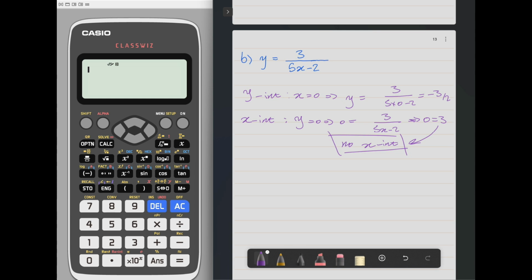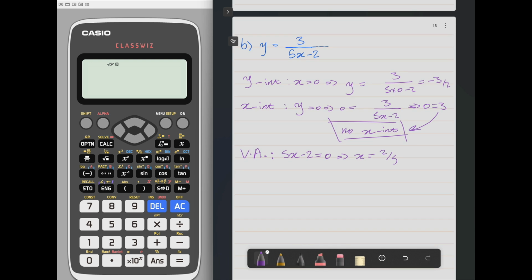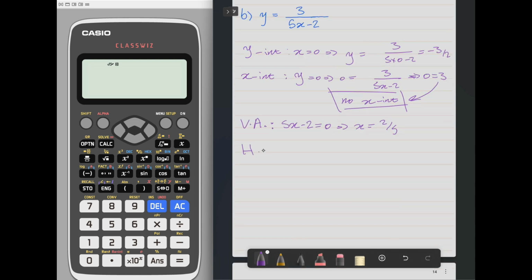And as for my vertical asymptote, we need to equate the denominator to 0. So 5x minus 2 equal to 0, so x equal to 2 over 5. And as for my horizontal asymptote, again, it remains y is equal to 0. Why? Again, I will tell you later.